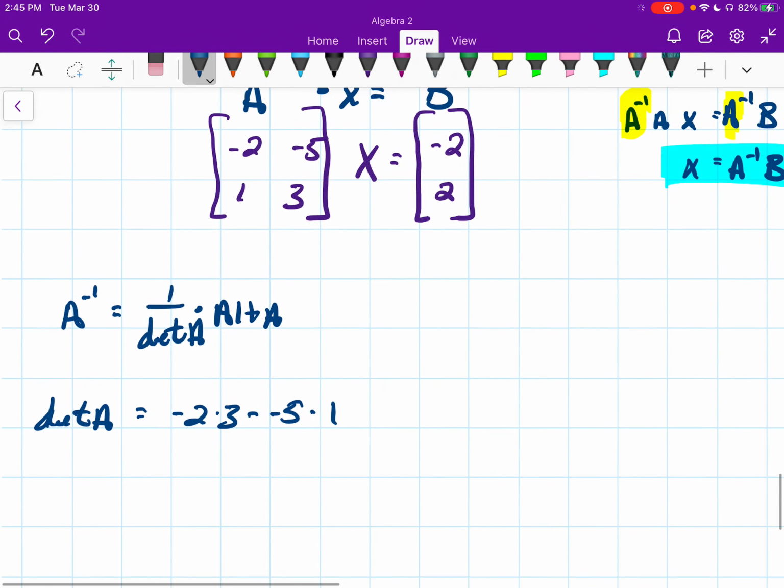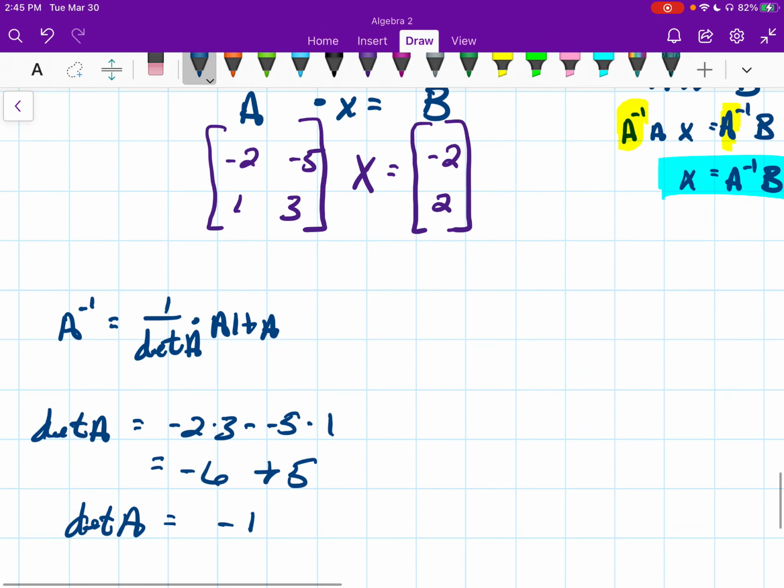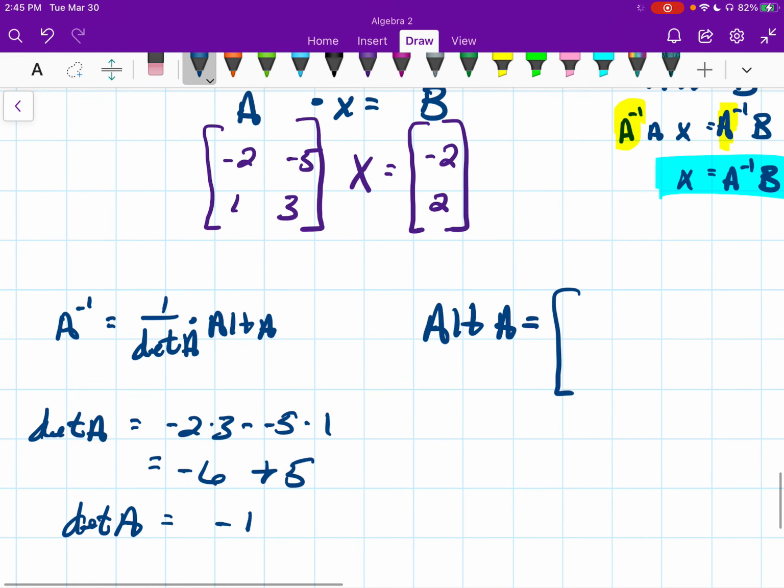So this is going to be -6, -6 plus 5, which is -1. Adjugate A, where do I want to write that? I'll write that here. Adjugate A is going to be, you swap the spots on the major diagonal, and then swap the signs.